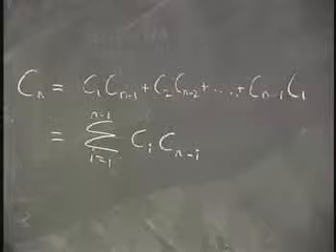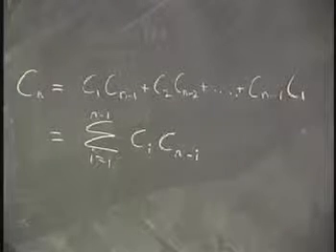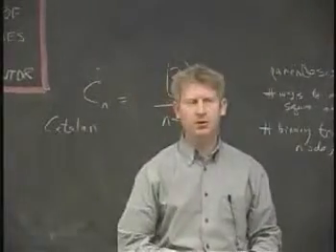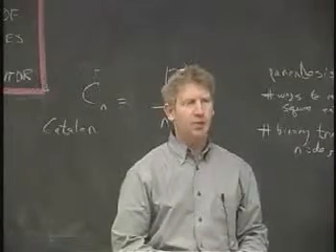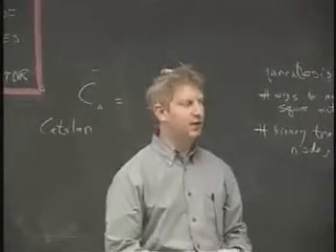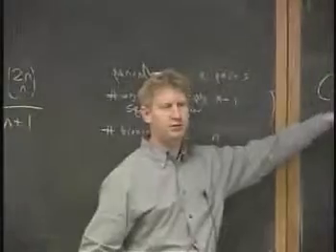I think that's right. Let me double check it. C1 Cn minus 1, C2 Cn minus 2, up to Cn minus 1 C1. Yeah, that looks right. Remember that recurrence equation? Now, do we have the foggiest, vaguest idea of how to solve such a twisted sister?